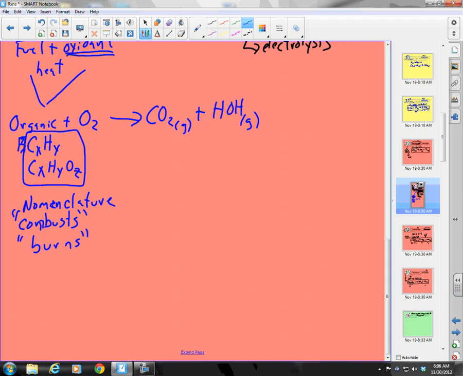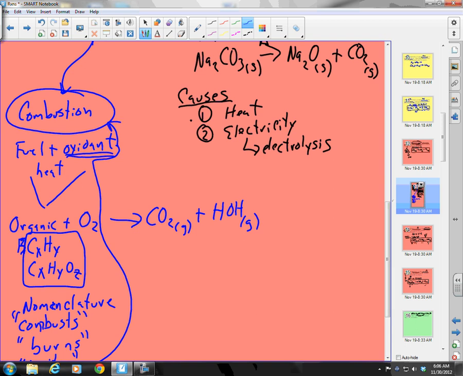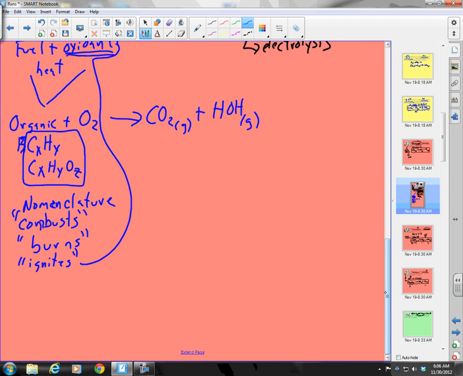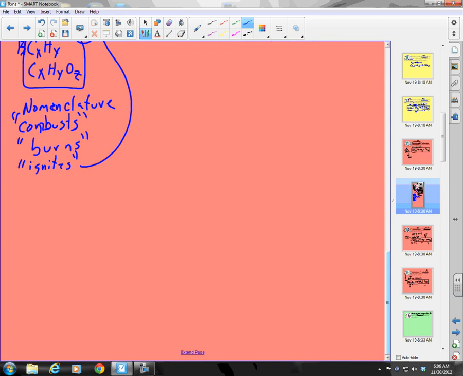Burns would mean combustion, ignites, explodes. These things all indicate that we have a combustion reaction. So when you see something is burning, we're saying it's reacting with oxygen and it's going to form carbon dioxide and water. Okay? And that's really all there is to it.